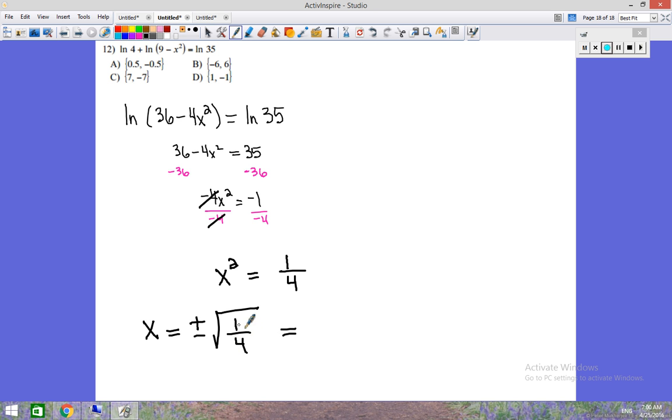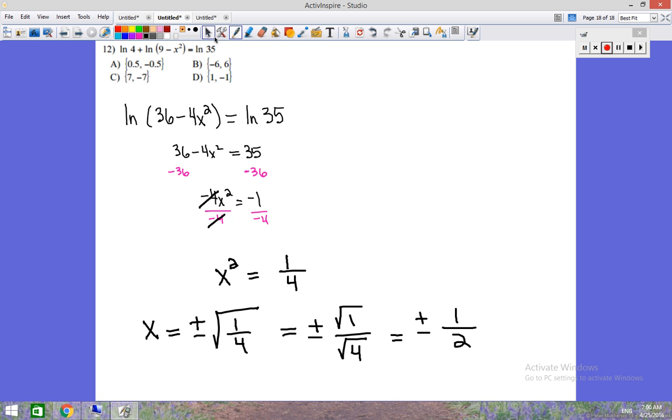To take the square root of a fraction, you can take the square root of the numerator divided by the square root of the denominator. Square root of 1 is just 1. Square root of 4 is 2. So we're having possible answers here of negative 1/2 or positive 1/2.